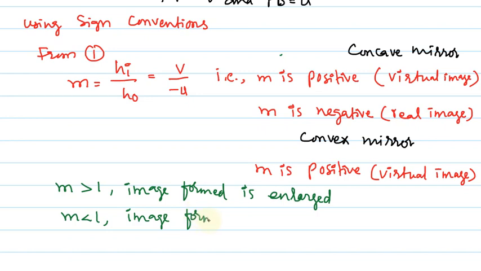Image formed is diminished. Right? So a concave mirror forms magnification image. It can be positive or negative. In case of convex mirror, magnification is always positive only, as we have mentioned here.